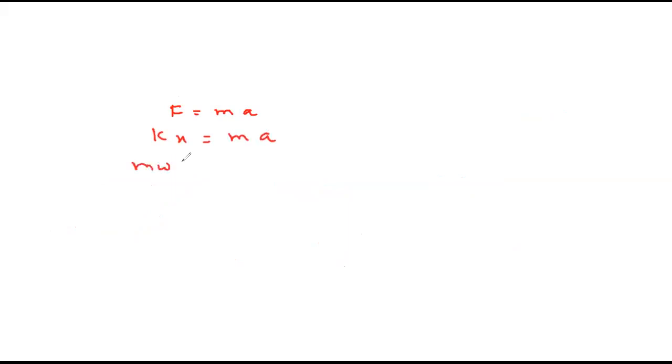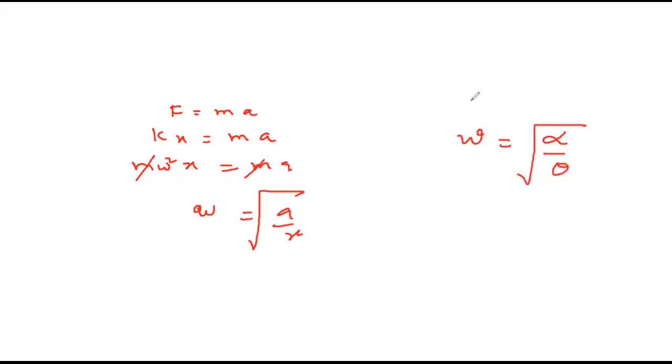So m omega square x equals ma. That means omega is root of a by x. From this we get time period, 2 pi by omega. So here we'll say omega is root of alpha upon theta. When I take 2 pi by this, I will get time period. So this concept I am using for the vibrating bar magnet.